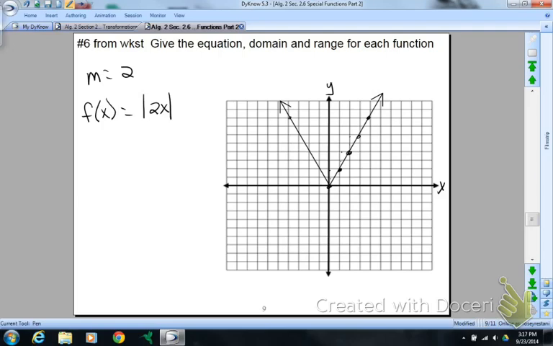Now, guys, with absolute value, you can have the 2 inside with the x, or it can also be written in front of the absolute value symbol. That means the same thing. So if you have the 2 right in front of the absolute value, that still is your slope, or you can have it inside with the x. That means the same thing. So you need to know it can be written either way.